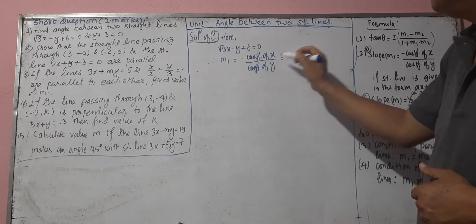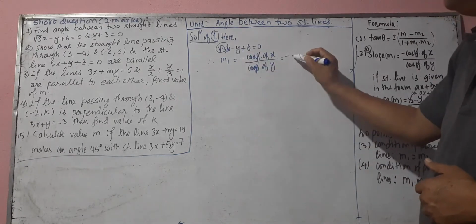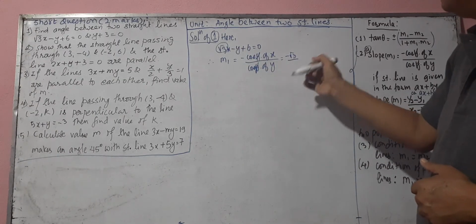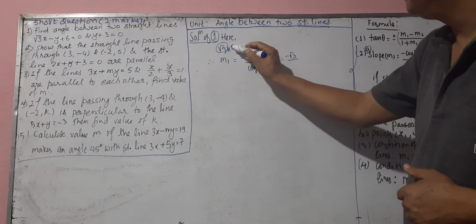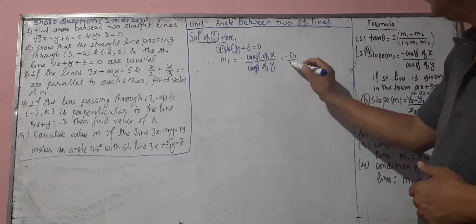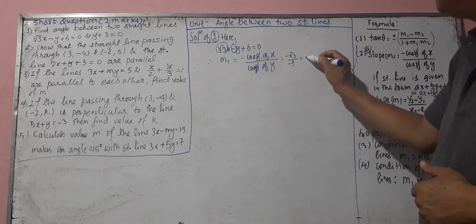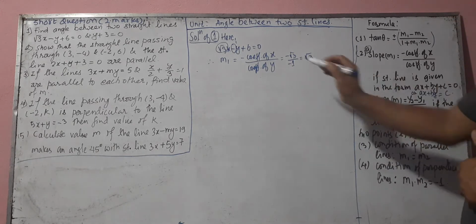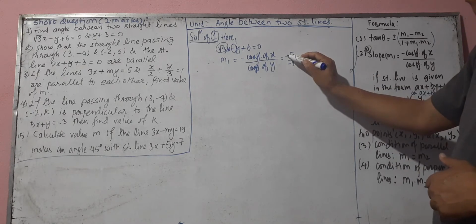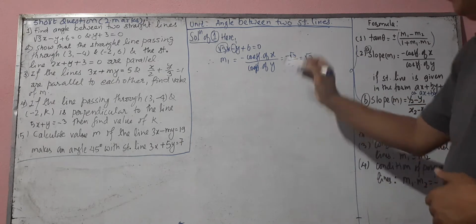This equals minus root 3 divided by -1, which equals root 3, since minus divided by minus becomes plus.